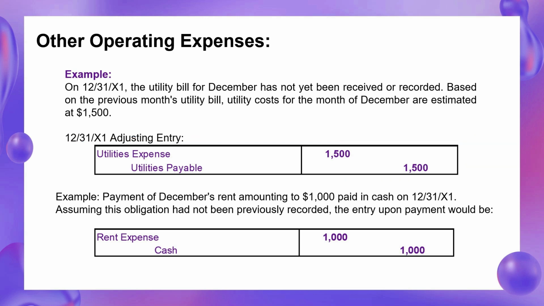Now, when January rolls around and we pay this utility cost, if it's a little more or a little less than that $1,500, we'll adjust for this error in estimation in that future period. We won't go back and change the financial statements.